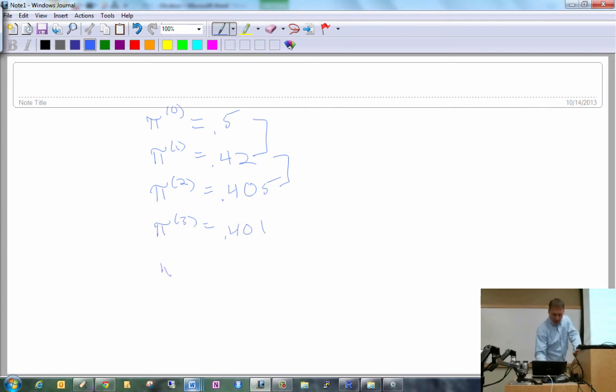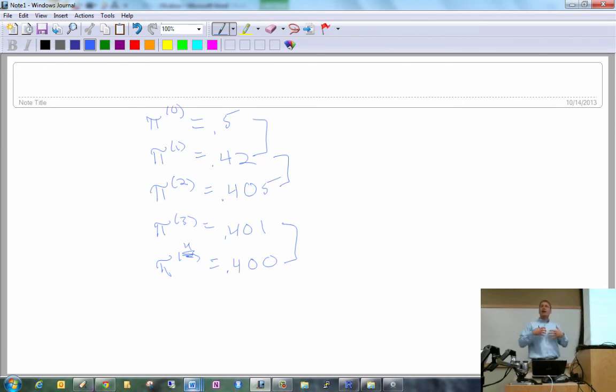And this whole process keeps going and going, until you reach a point where there's very, very little difference in successive iterations. And when that happens, you say that your method has converged. It has converged to the actual estimate that you're looking for.